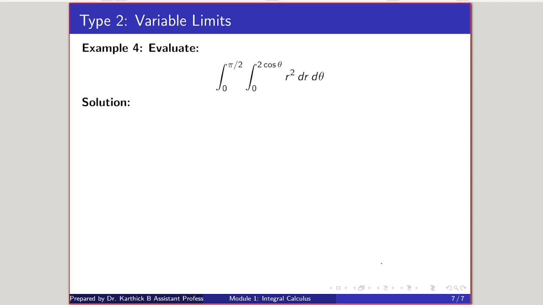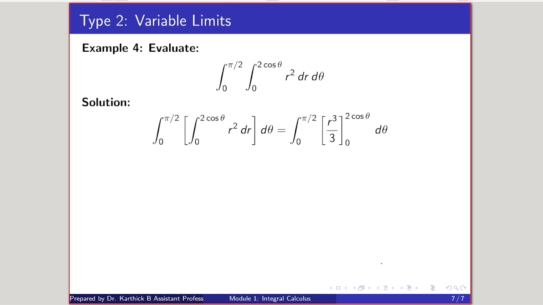The next problem. Here r varies with respect to theta. So the limits are from 0 to 2 cos theta. Anyway, r depends on the variable theta, so it comes under variable limits. So how do we evaluate this?